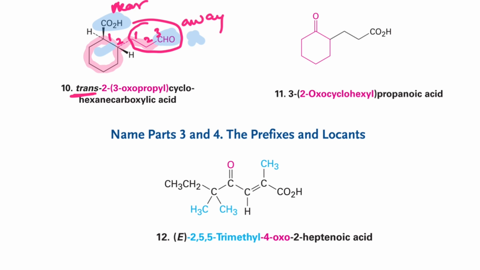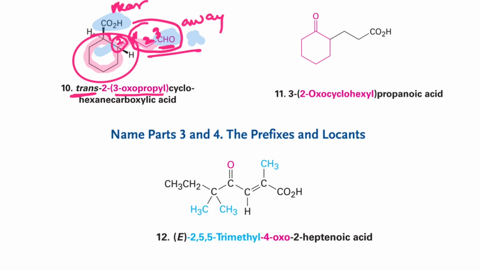Which position is there here? Second position. We have this substituent. Therefore, 1, 2, 3. At the 3 position oxo is there and that is counted. Therefore, 3-oxopropyl. 1, 2, 3, 3-oxopropyl.